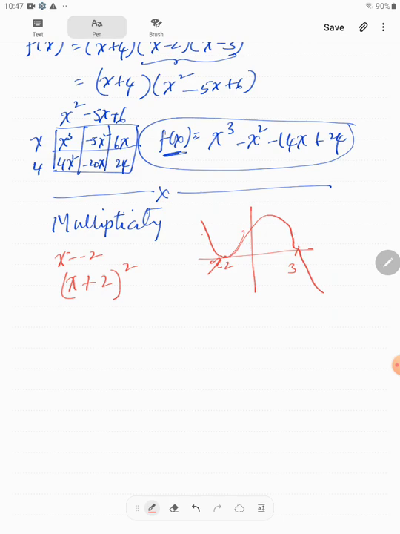And when it wiggles at the x-axis and crosses it, this becomes an odd power root. So here the graph bends or wiggles, so the root has multiplicity 3, meaning it is x minus 3 cubed. That's what it means, and that gives f of x.